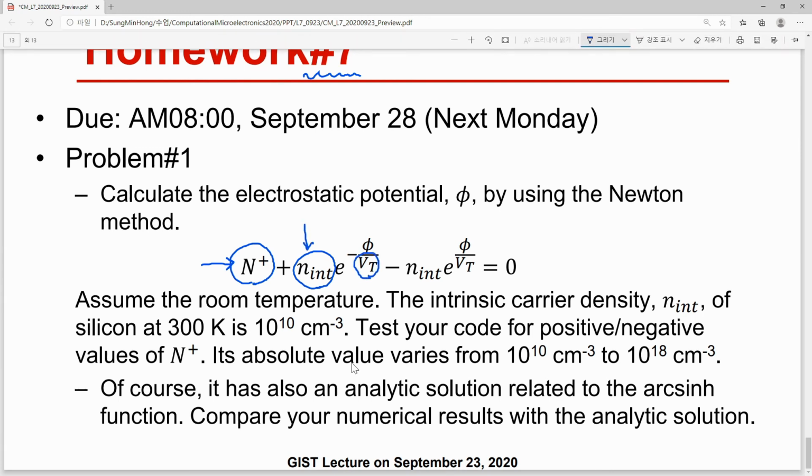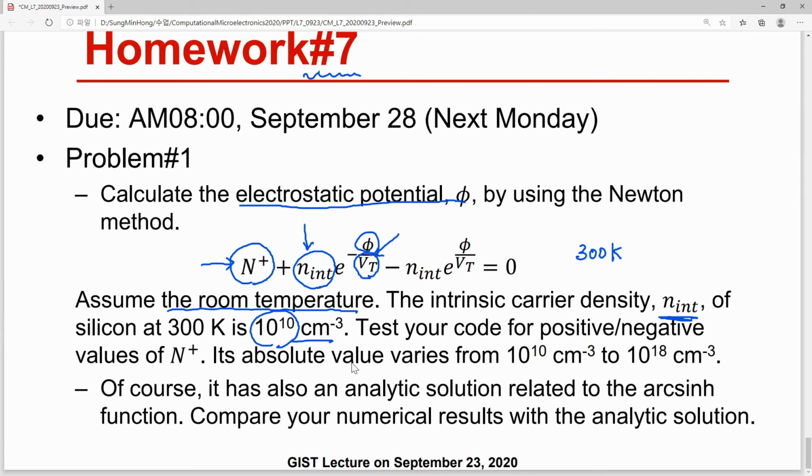And this is interpreted as the thermal voltage, and phi is obviously the electrostatic potential. And assume room temperature, so 300 Kelvin is assumed, and the intrinsic carrier density is assumed to be 10 to the 10 per cubic centimeter. Later you will have much better values, but for a while it's okay, please use it.